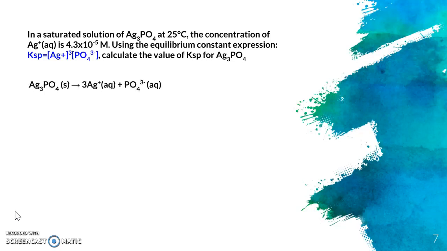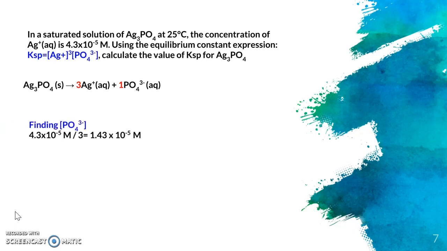First, it's important to write out the BCE because you can see the ratios that will be important for the rest of the problem. Using that BCE, we can see that the silver ion and the phosphate are in a 3:1 ratio in the products.